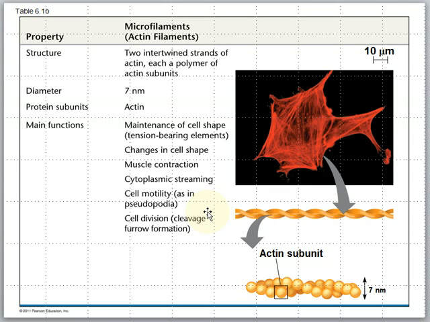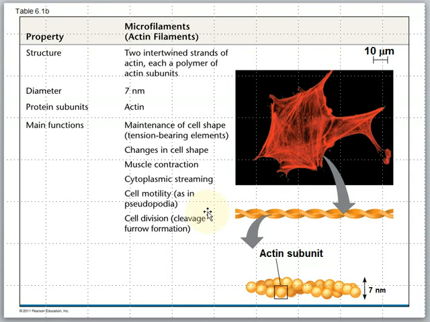These are also about maintaining cell shape. You find a lot of the microfilaments directly underneath the cell membrane. They are more like tension-bearing elements, so instead of resisting crushing forces, they resist pulling forces, and they can be thought of like cables in a suspension bridge.